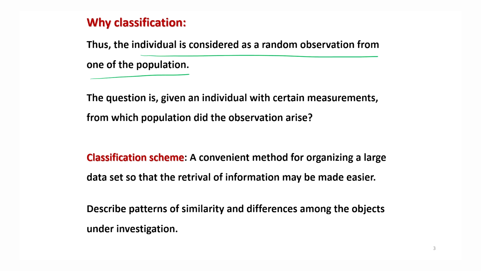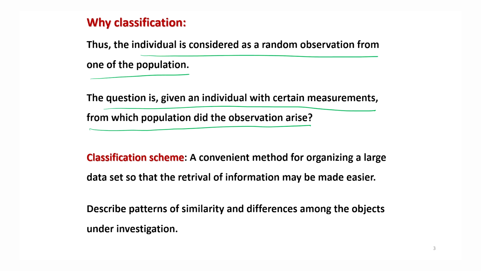So the question is: given an individual with certain measurements, from which population did the observation arise? That means, given the result of the blood test, you want to know whether the patient has to be classified into the patients having infection or patients not having infection.